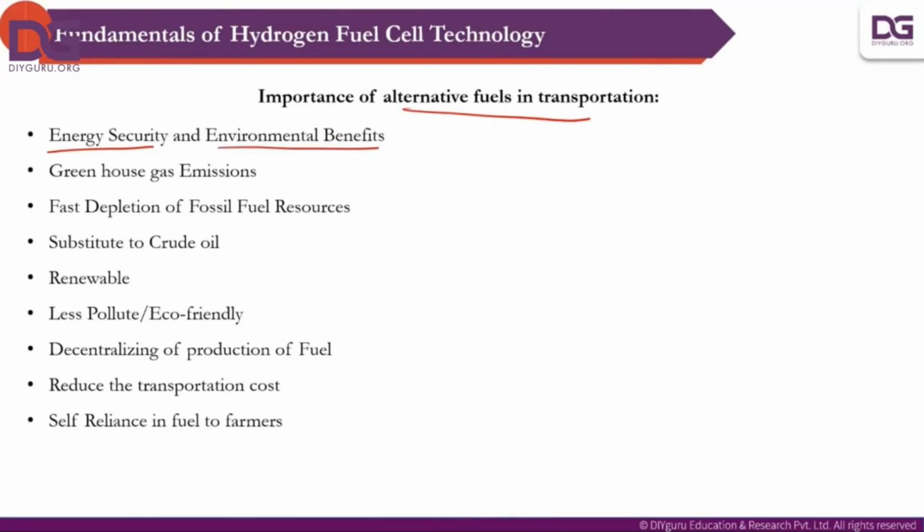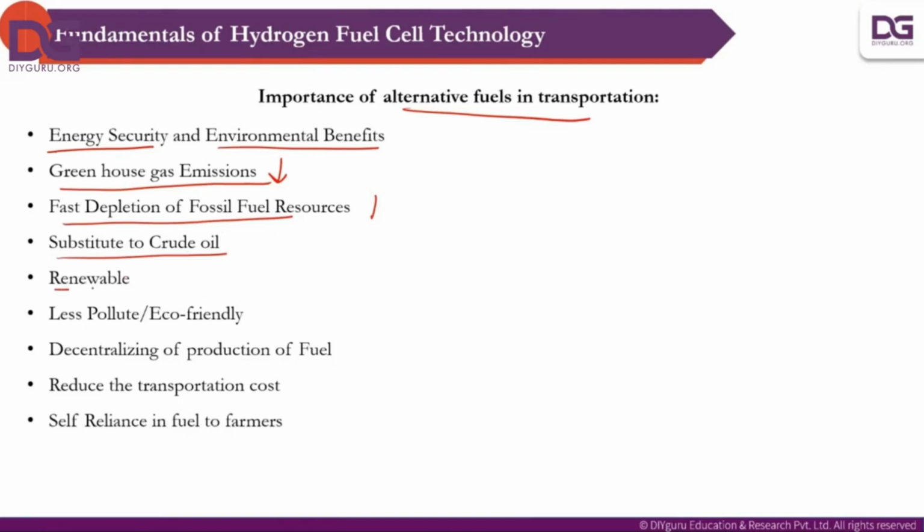Next, greenhouse gas emission will be reduced. If we use this kind of alternative fuel, the depletion of fossil fuel resources, which are going down day by day, can also be slowed. It can be a good substitute for the crude oil that we are extracting from fossil fuels.